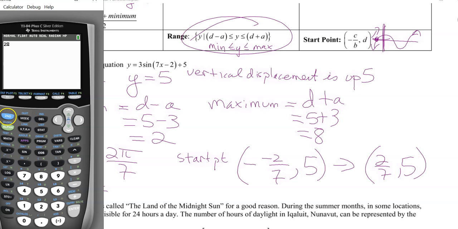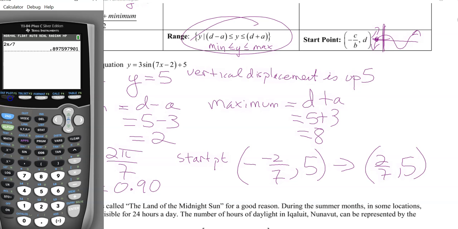So 2 pi divided by 7 is 0.897, so 0.90 rounded to the nearest hundredth. Okay, so 0.90 units.